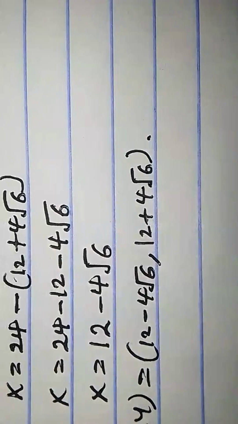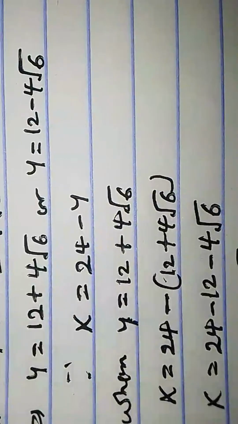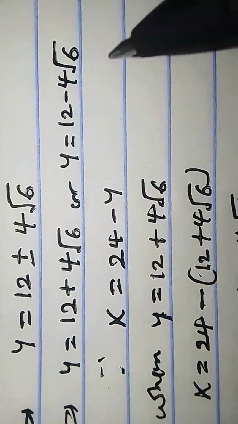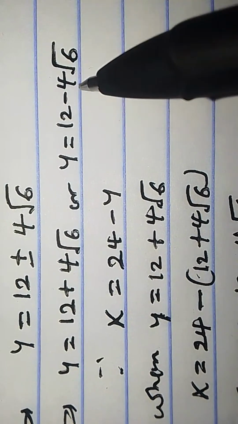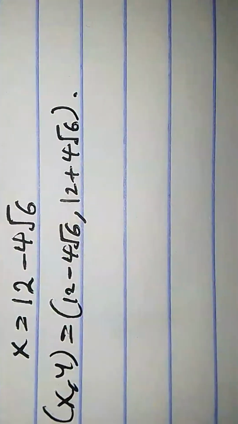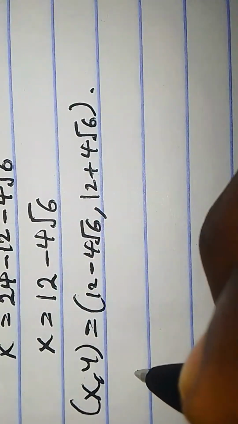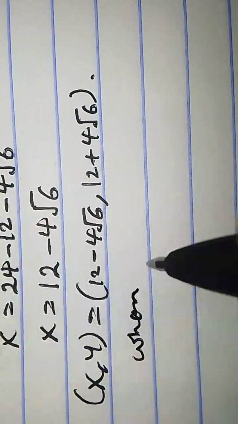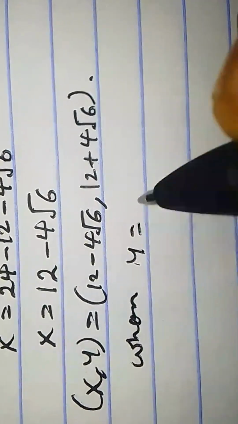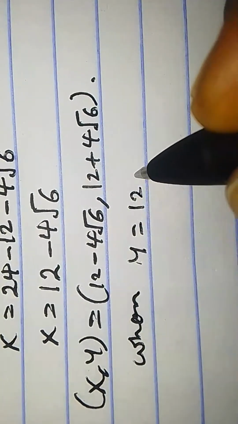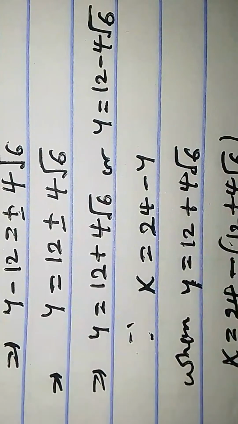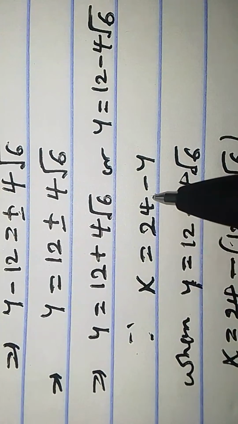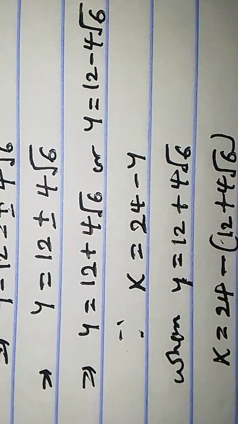Now, let us quickly consider the other value of y. This guy, y equals 12 minus 4 root 6. So when y is equal to 12 minus 4 root 6, what we just have to do is to substitute it into this equation.